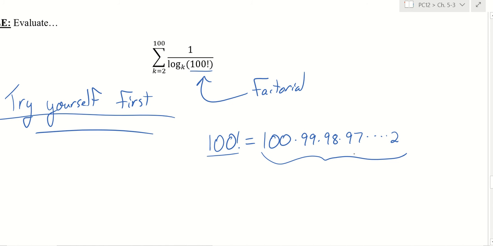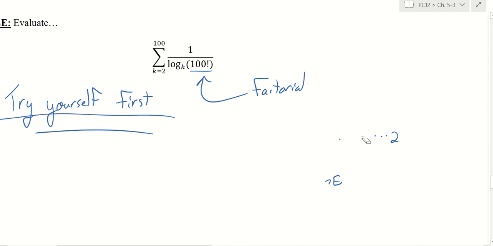But it's also something that your calculator couldn't even calculate. It's such a huge number. I think your calculator might be able to calculate something like 60 factorial. I don't think it would be able to calculate 70 factorial, though. It's too big of a number. So anyways, that's what factorial means.